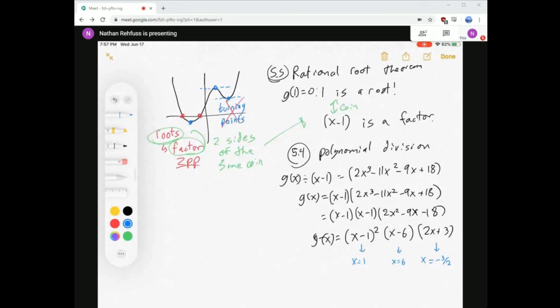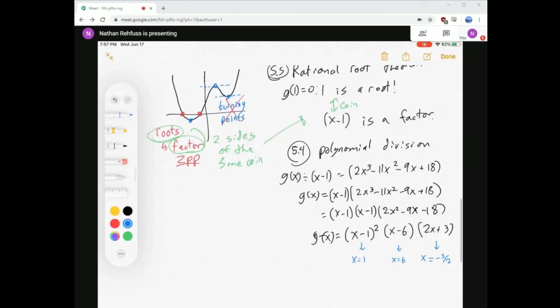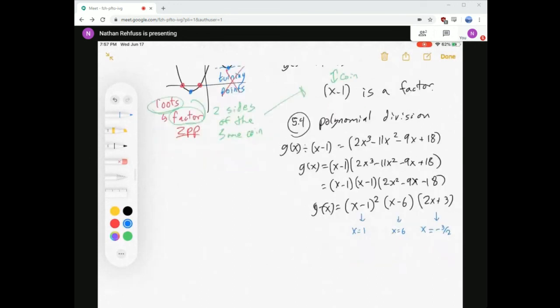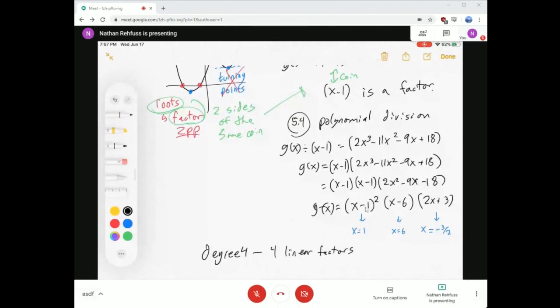I want to say a couple more things about this polynomial, and then I'll break for the next part of the video. Notice it was degree 4. And that means it has to have 4 linear factors, 4 binomial factors. It's got this one twice, and then this one, and then this one. And that always works. The number of factors adds up to the degree of the polynomial.